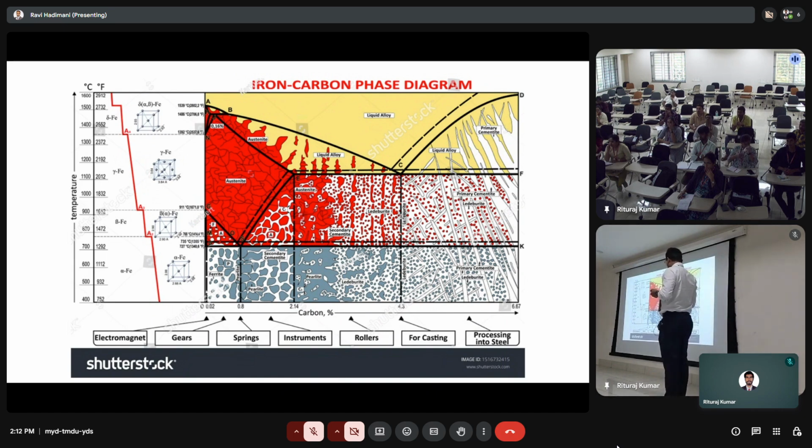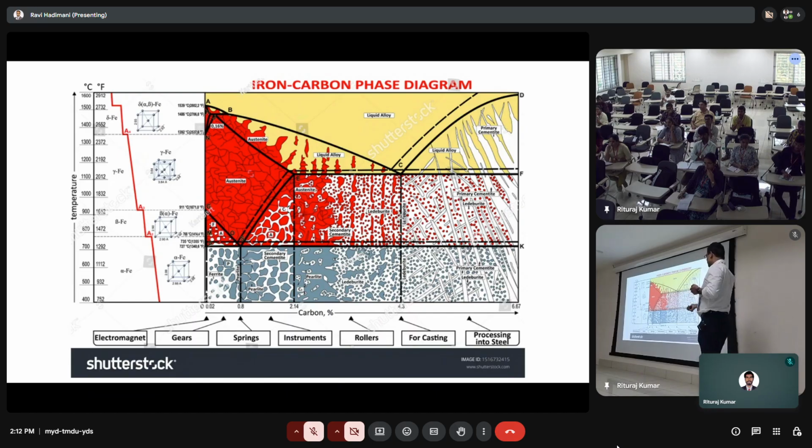Okay, so here are the uses of different phases of this iron carbon alloy. At very low carbon content, you make use of this material for electromagnets, and somewhere here below 1%, that is below 0.8%, you make use in gears. Springs is about 0.8%, and so on and so forth. All the way here at 4%, you have cast iron.